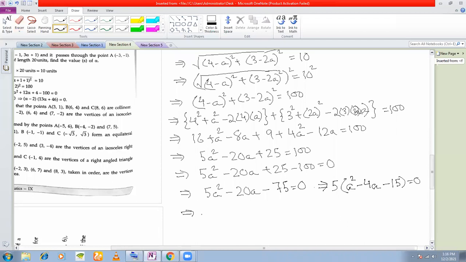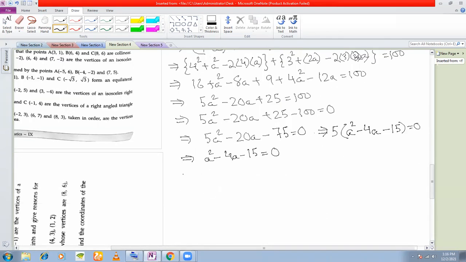That means you get a square minus 4a minus 15. This must be equal to 0, right? Now you can solve this quadratic very easily. What are the factors here? 3 and 5, right? Just give me a minute.